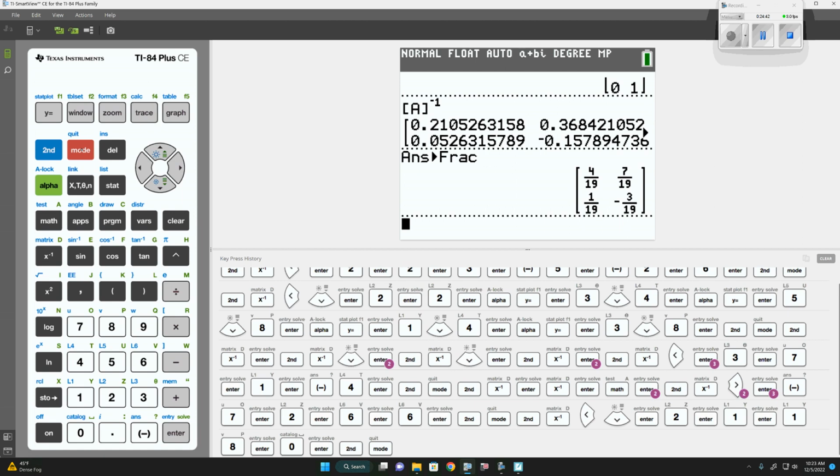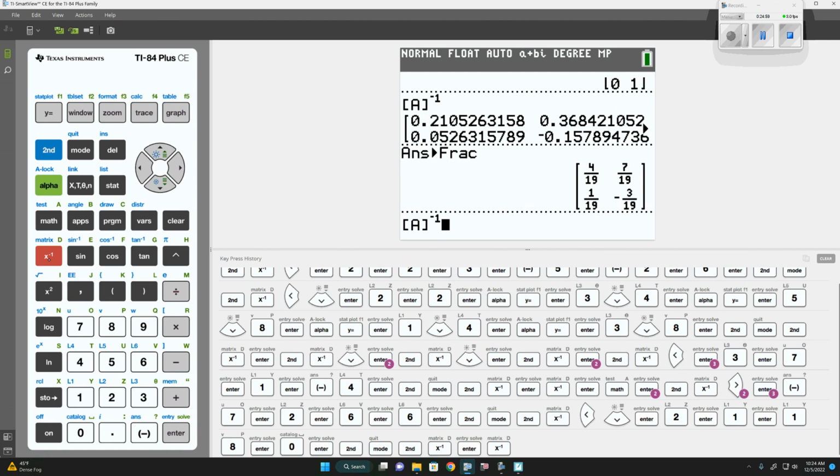Now we don't want just matrix A times B, we need matrix A inverse. So we can still start off by going second matrix A. Then how did we get the inverse? We just hit the x to the -1, because that's how we did it on the last one.